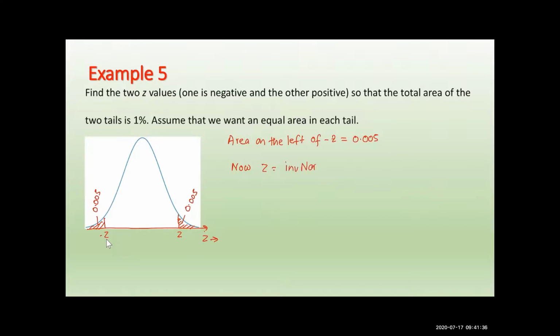Now, in order to find this z-score, we use the prompt in our calculator, which was z equal to inverse normal. Your area is 0.005. Mean is 0. Standard deviation is 1. We know that we are going to get this value negative because we are talking about this area and this z value. So let's type this in our calculator.